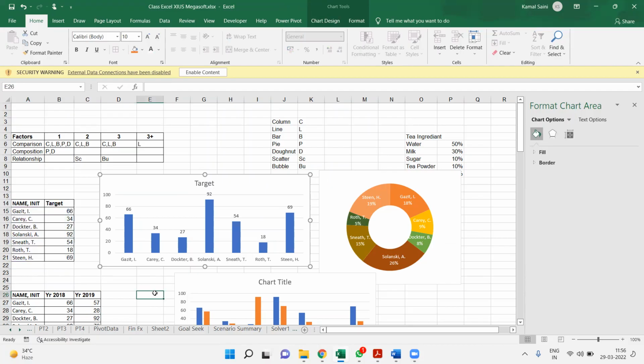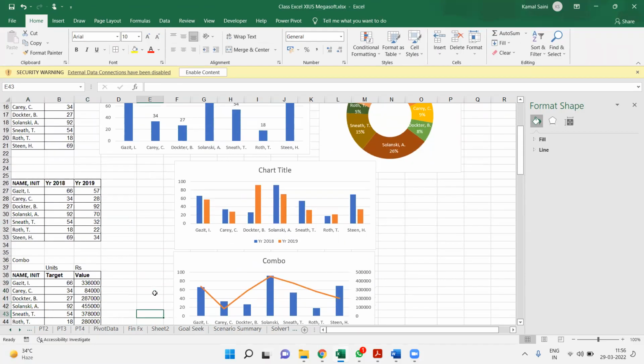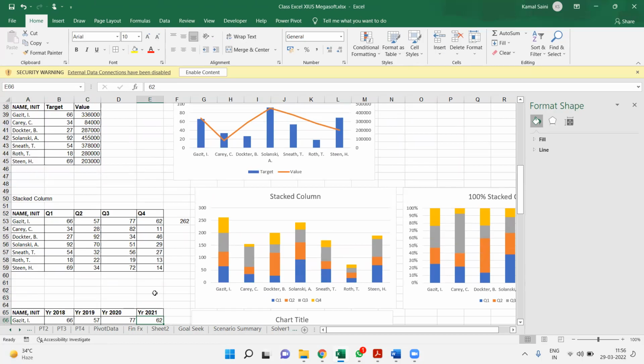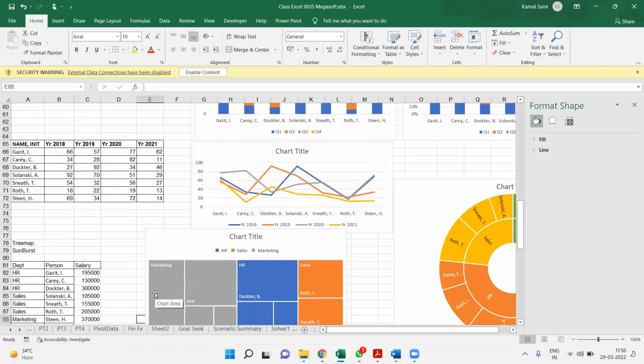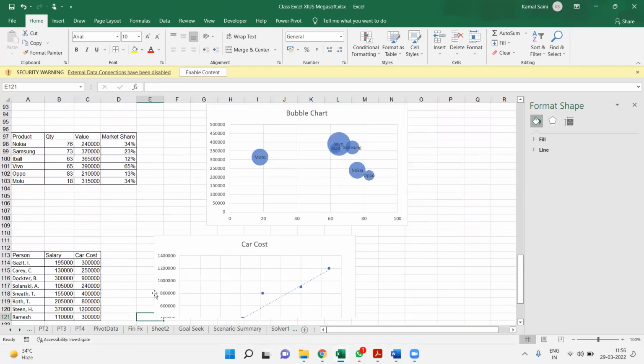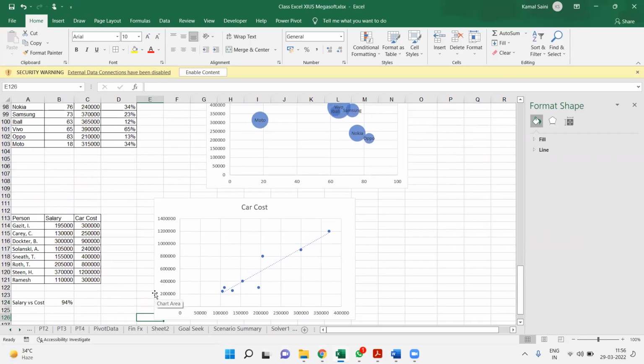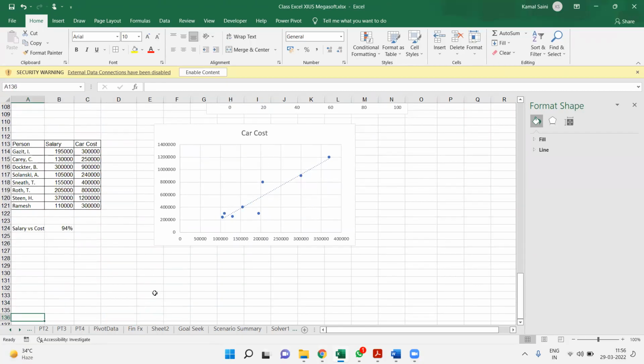They are defined as per the need and requirement. I want you to try them all.